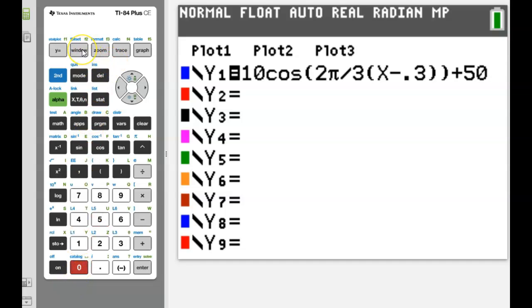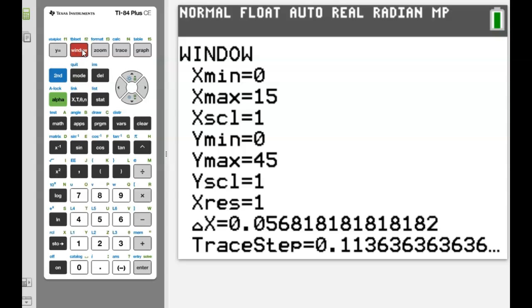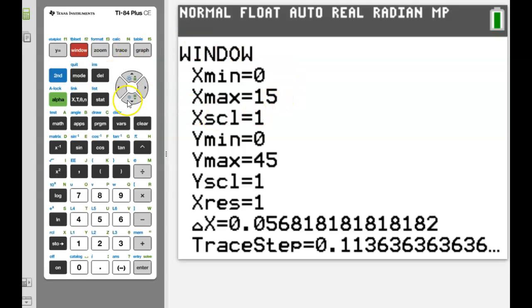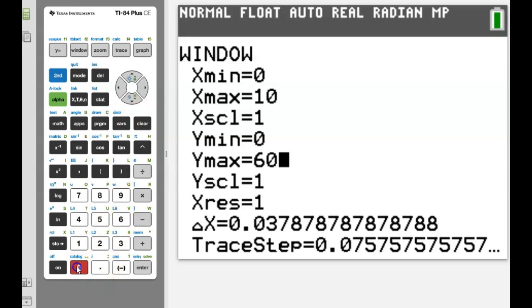All right, so I don't think my window is right. I could leave it 15. I probably don't need to go out that far because it's going really fast, right? Maybe I'll change that to like 10 or even 5. It's going to go up and down a whole bunch. But it goes up to, what do we need here? At least 60?